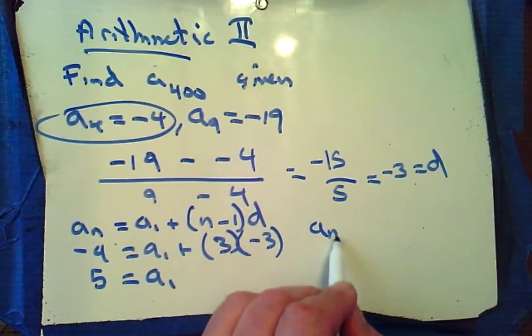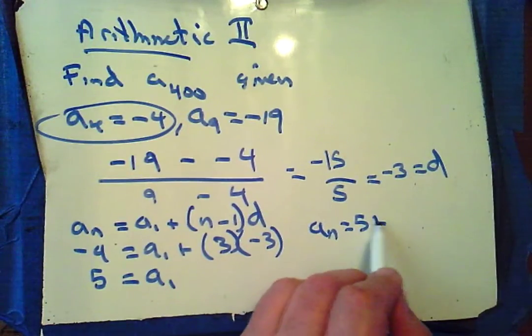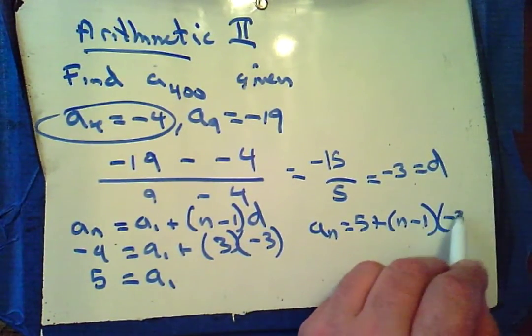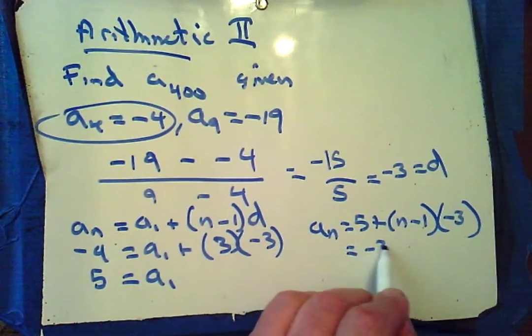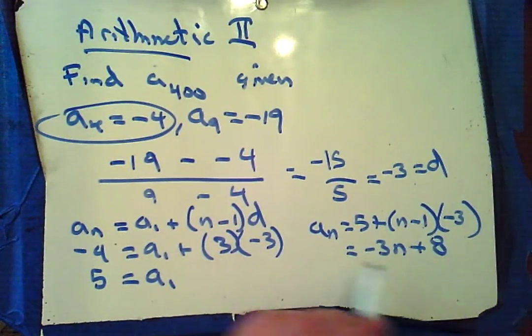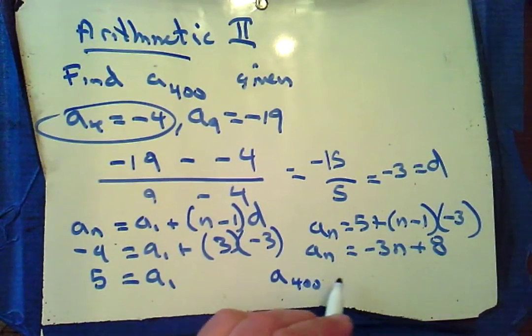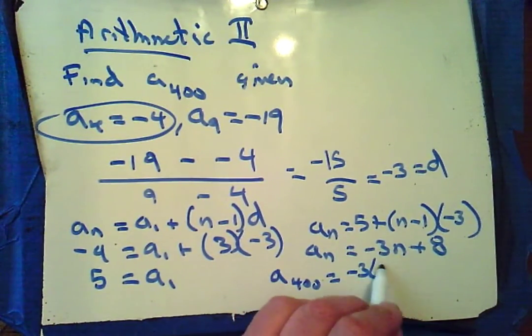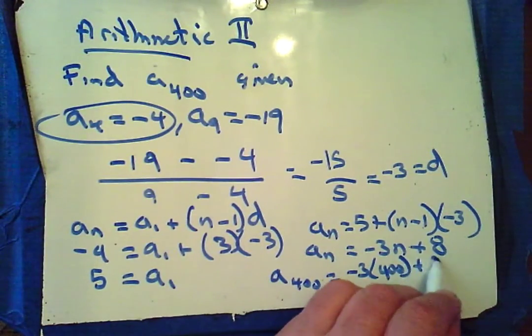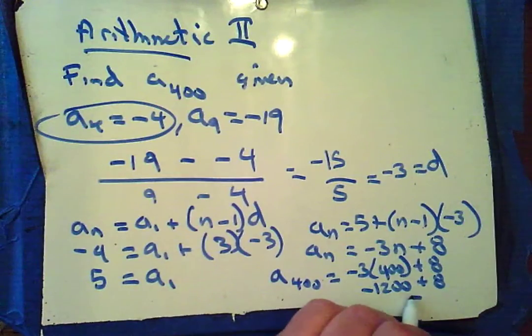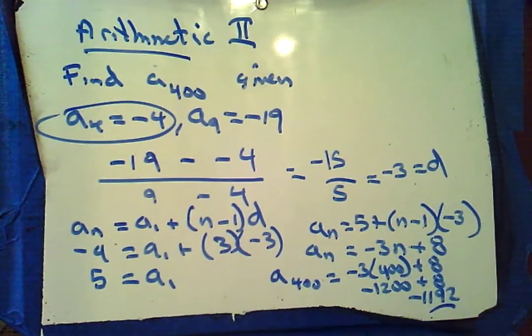So then I can write this model, 5 plus n minus 1 times negative 3, which would be negative 3n plus 8. There's a sub n, and therefore a sub 400 is going to be negative 3 times 400 plus 8, which is negative 1200 plus 8, or negative 1192. All right, so there we go.